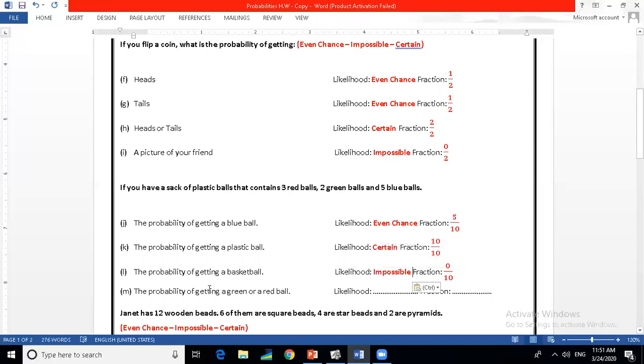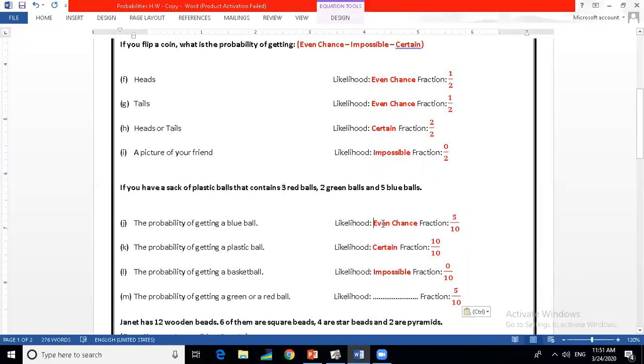All right. The probability of getting a green or a red ball, let's add them up. Green is 2, red is 3, so it is going to be 5 out of 10. 5 out of 10 is going to make an even chance.